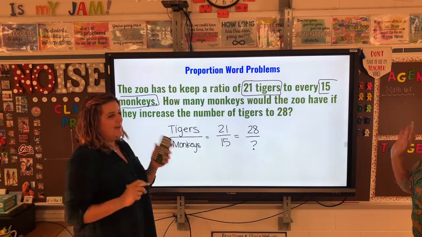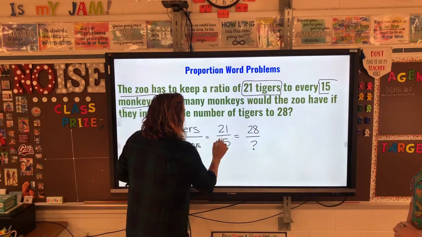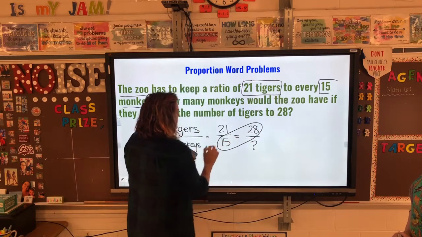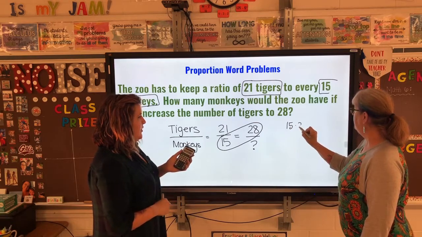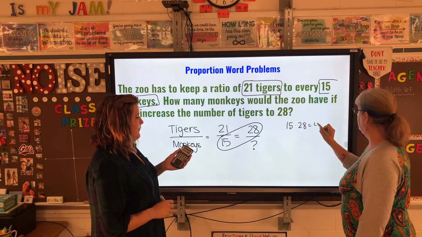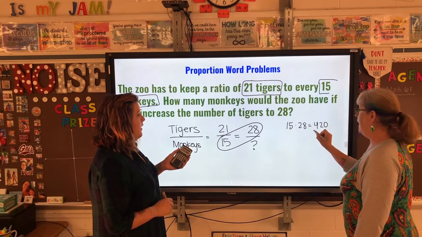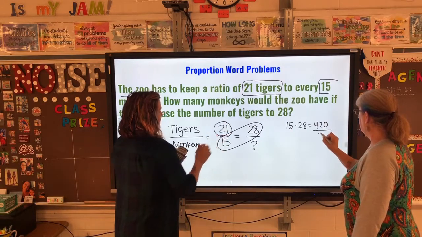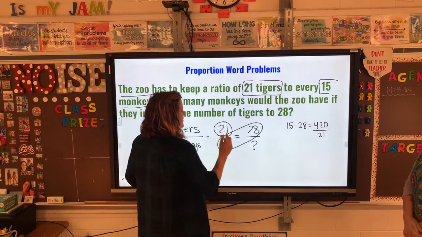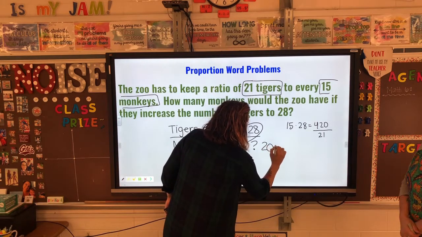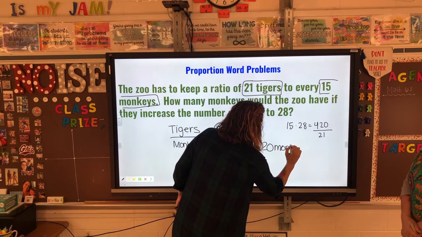So I'm going to use loop and circle. I'm going to take that 15 times 28, which equals 420. Then divided by 21 is 20. So with 28 tigers, I have 20 of those silly monkeys.